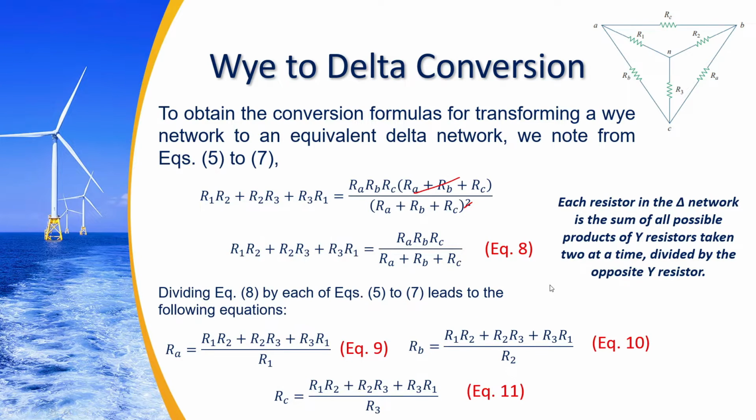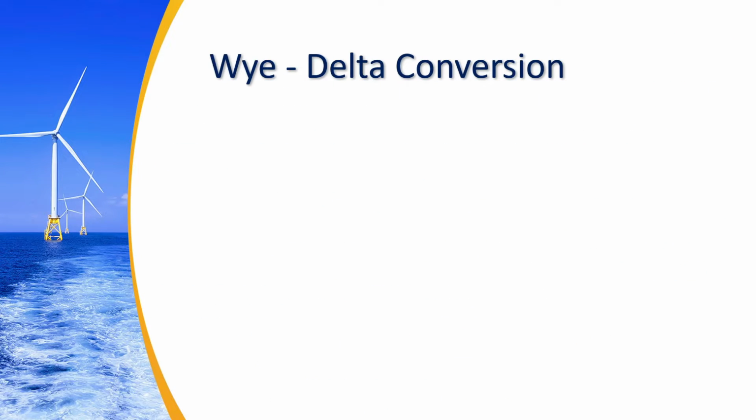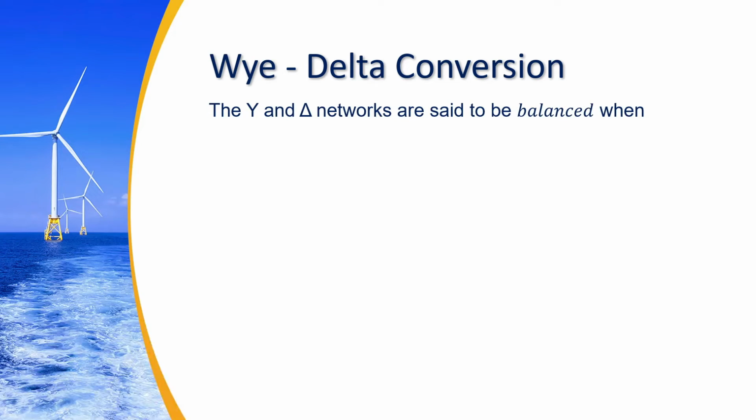Okay? Next. So, Y to delta conversion. The Y and delta networks are said to be balanced. Okay, balanced daw sila kapag yung lahat ng resistors natin na R1, R2, R3 ay equal sa RY.